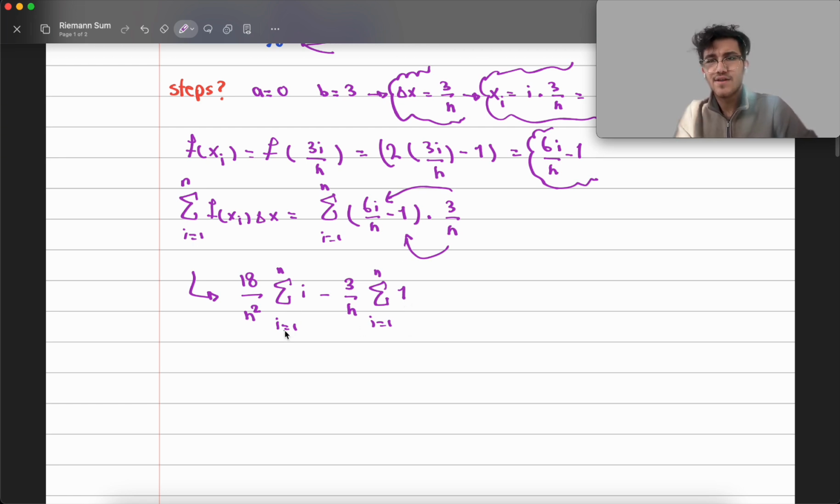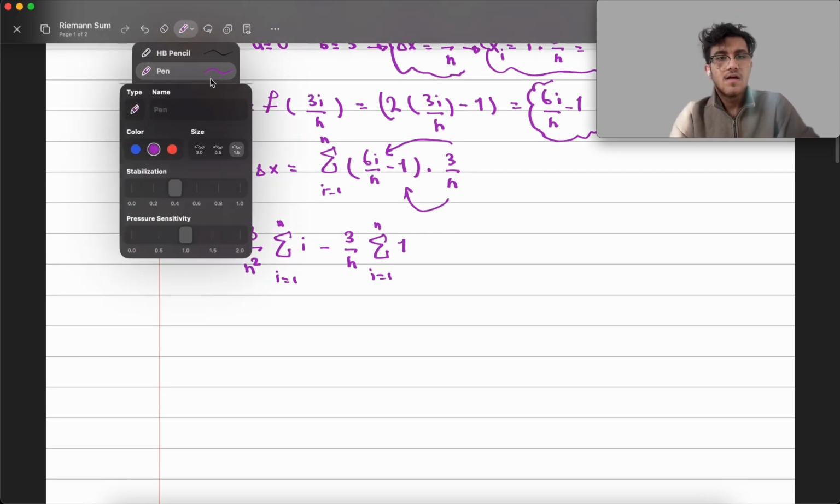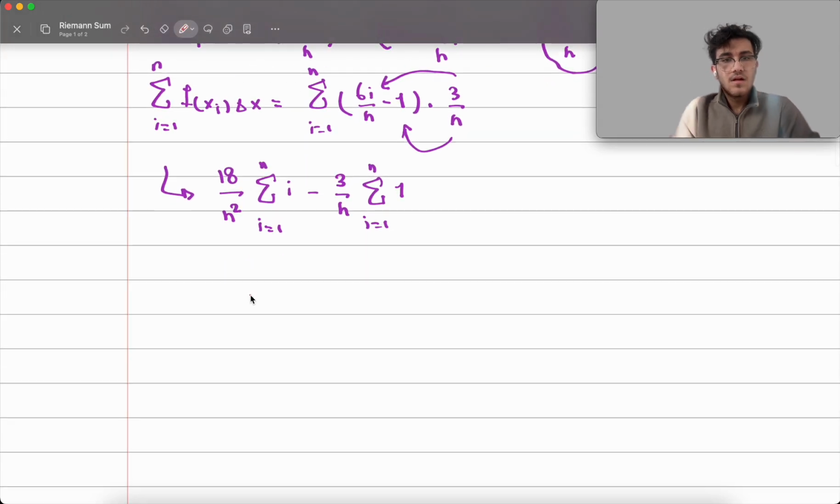Let's evaluate this one. This is going to give me 18 over n squared times the sigma notation of the first degree, which is n times n plus 1 over 2, minus 3 over n times n. This is what it is.